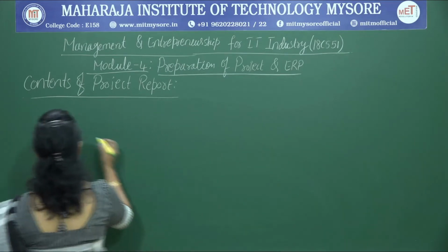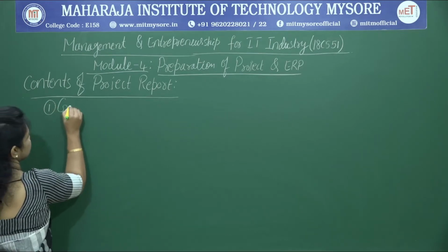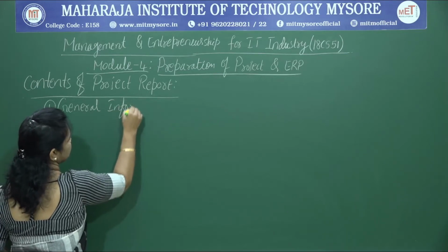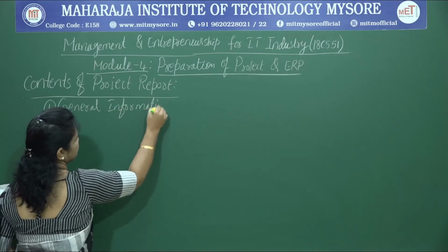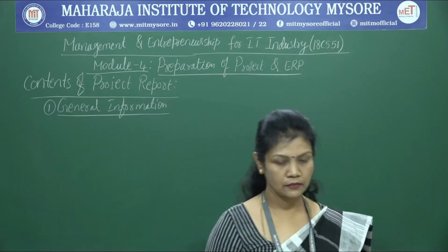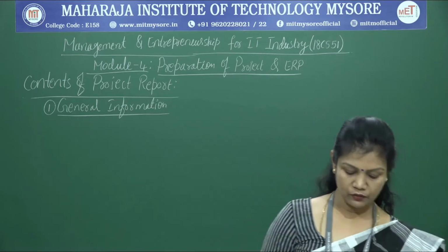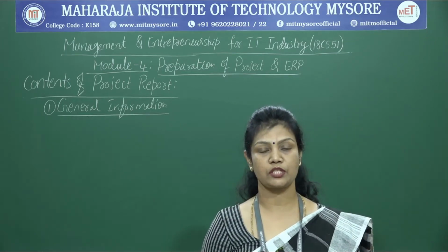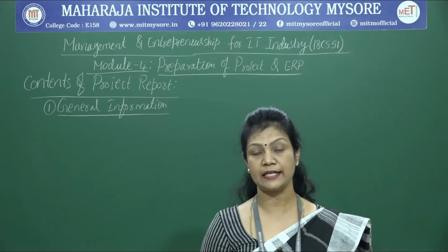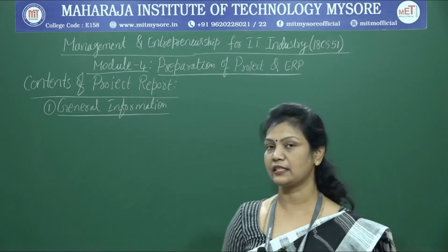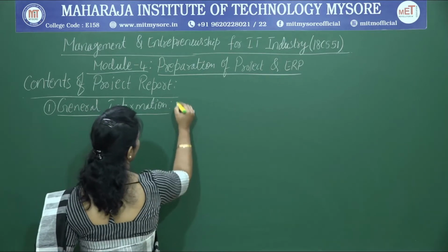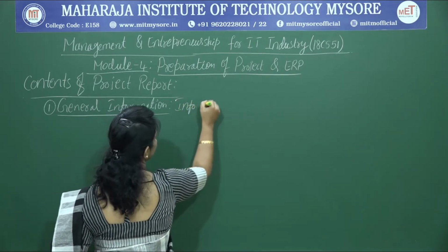First, it should have the general information. Here, the general information related to the project profile and the project details or the description of the project needs to be specified under the general information.